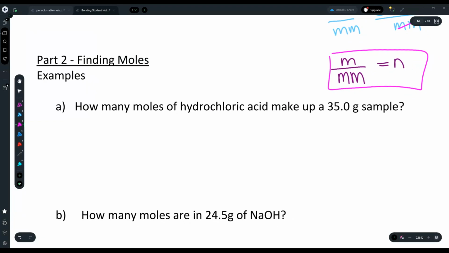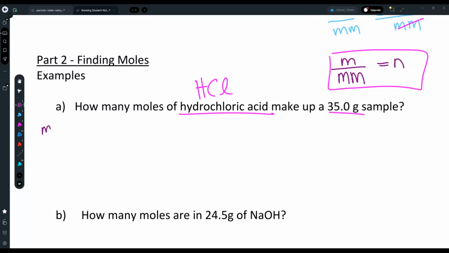All right, so how many moles of hydrochloric acid, so that's HCl, make up a 35-gram sample? So writing out our list of givens. We were given mass, that's 35.0 grams. We were given molar mass.